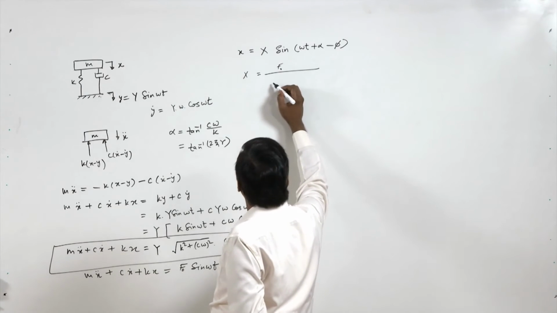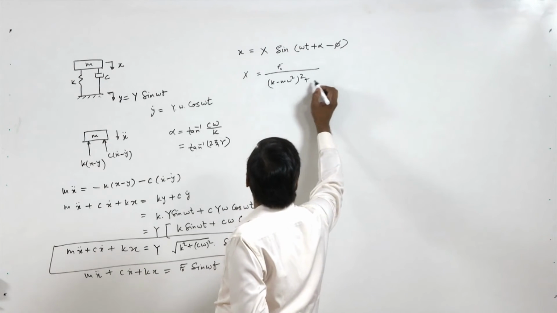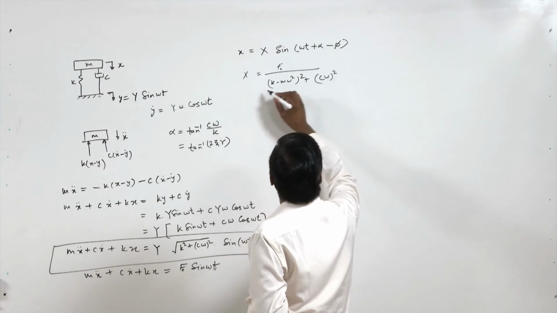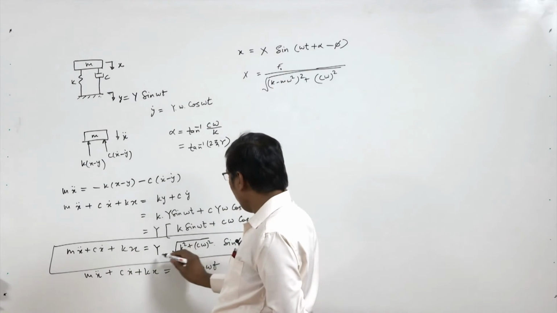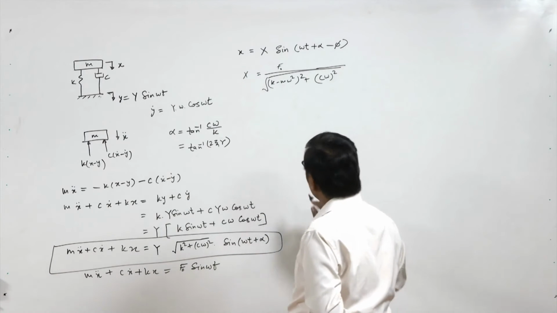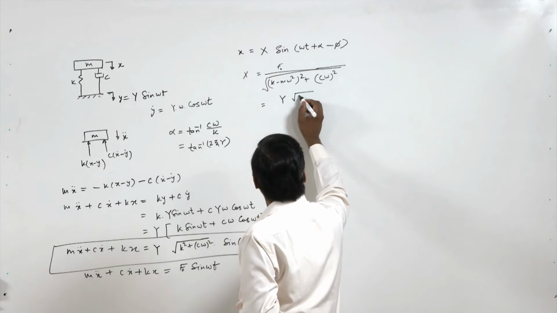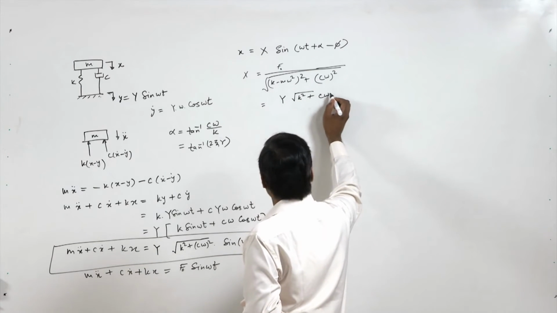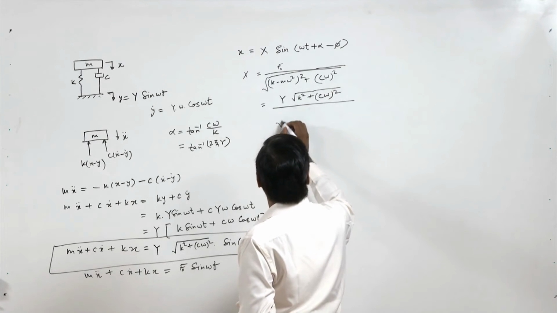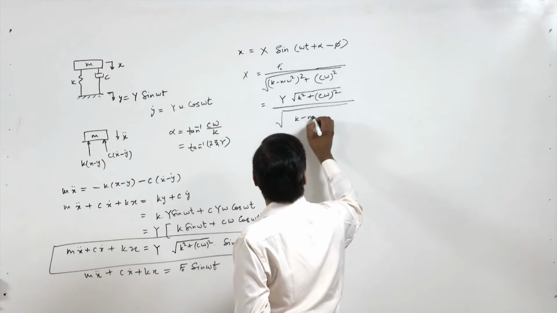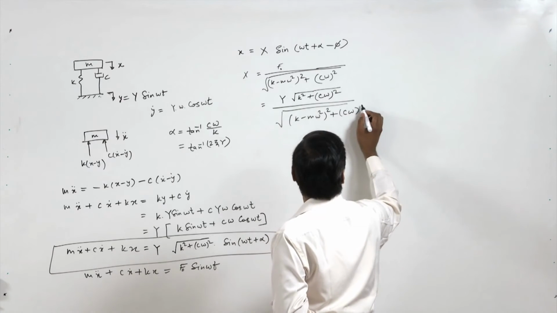upon root of ((k minus m omega square) whole square plus (c omega) whole square). Now here F0 is equivalent to this term Y root of (k square plus (c omega) square). So it is Y root of (k square plus (c omega) square) upon root of ((k minus m omega square) whole square plus (c omega) whole square).